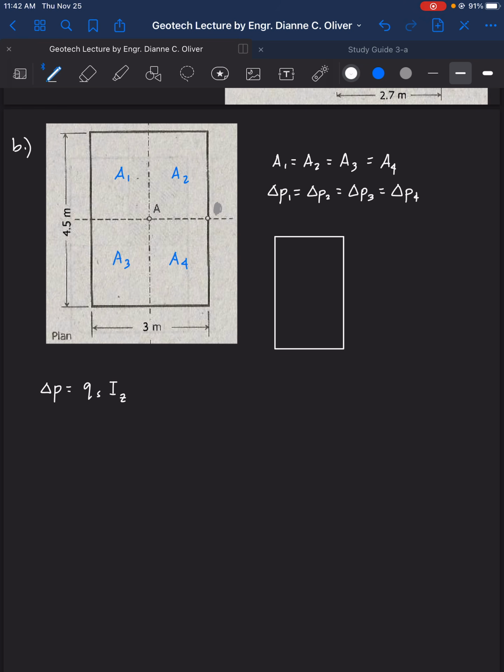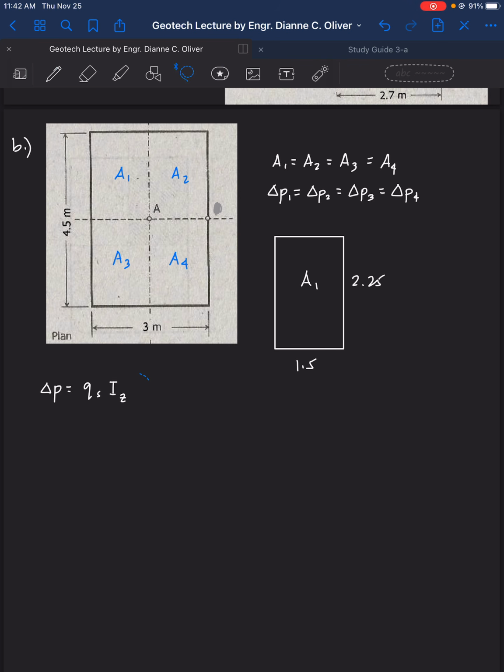So here, we took A sub 1 for example. What is 4.5 divided by 2? That is equal to 2.25. Then 3 divided by 2 is 1.5.